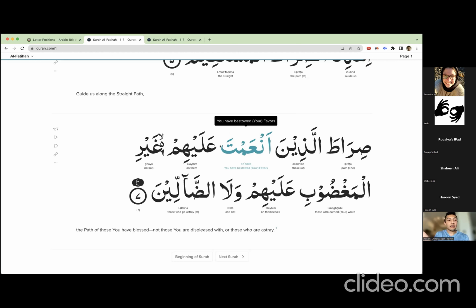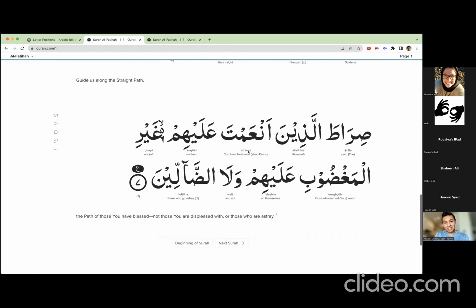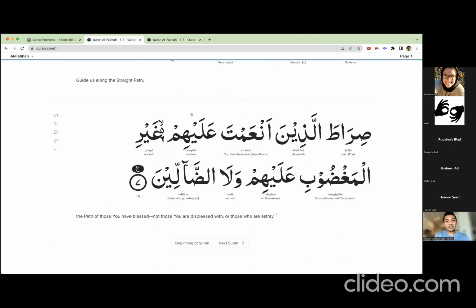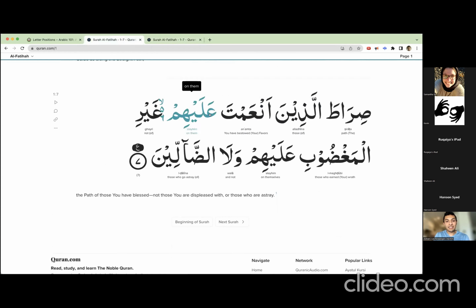Or if it's a group of people, an'amtum. Okay, so that's how that verb is parsed. And let's look at it here. They put the hamza here just to express that this is its independent vowel. An'amta. Okay. And then what's this next word? What's this consonant?